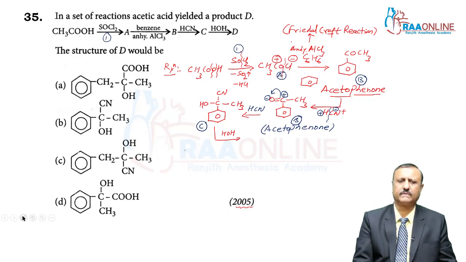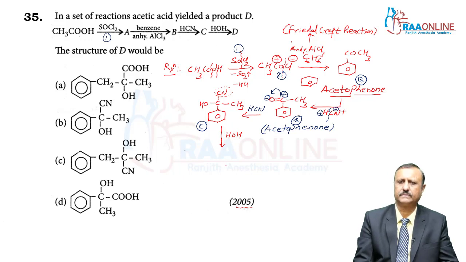Now, my dear students, when this C product is heated with water, or hydrolyzed by water, then what do you get? This is the concept: always, the cyanide group is converted into acid by hydrolysis.